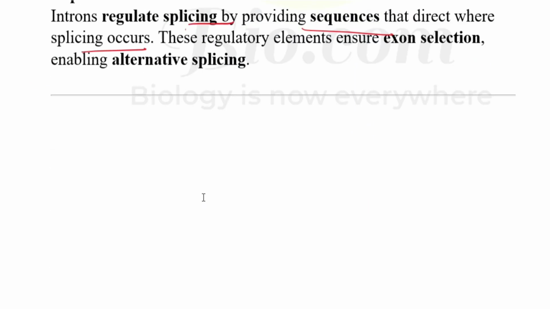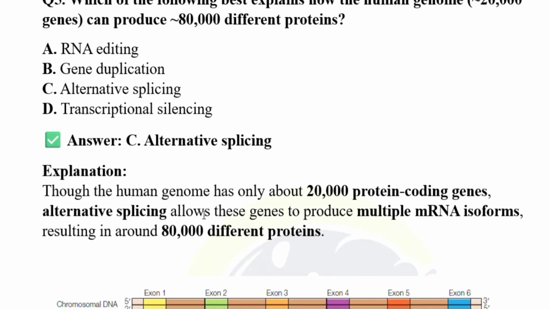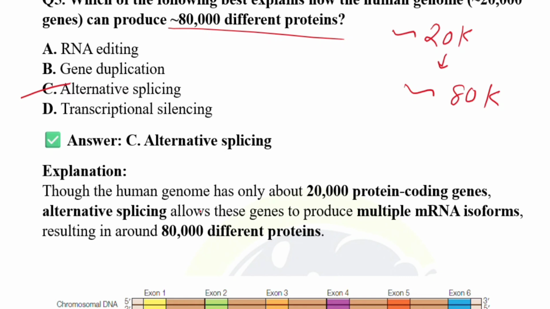Now next question: which of the following best explains how the human genome, about 20,000 genes, can produce 80,000 different proteins? Just now I told you that it is not so that we have a limited amount of genes, so a limited amount of protein will be made. In humans we have about 20k genes, but more than 80k proteins.